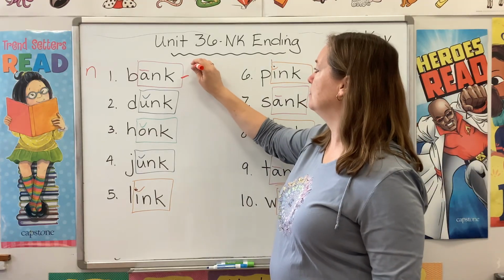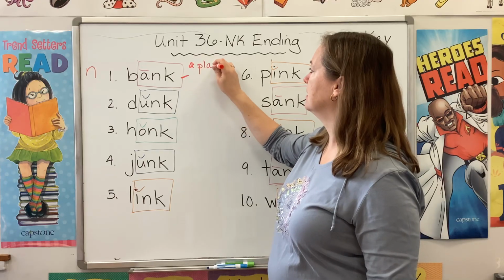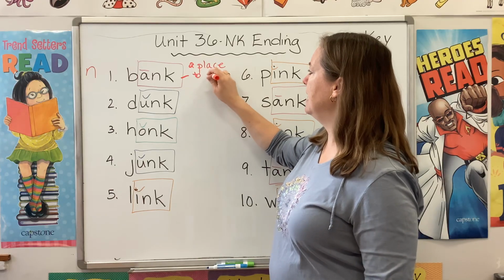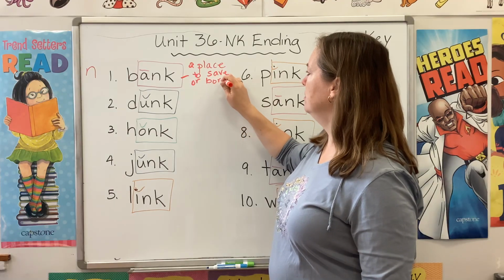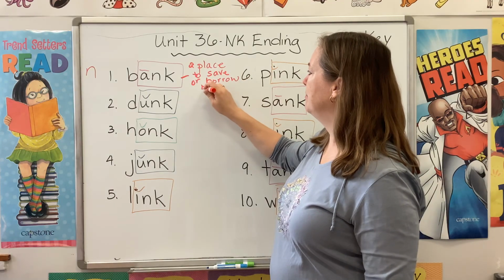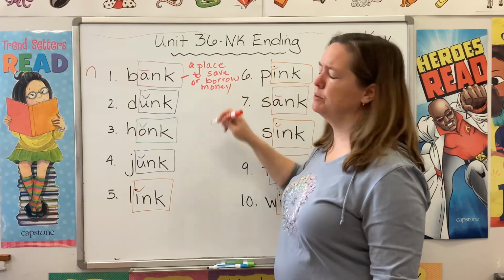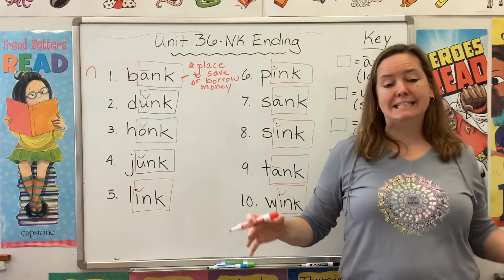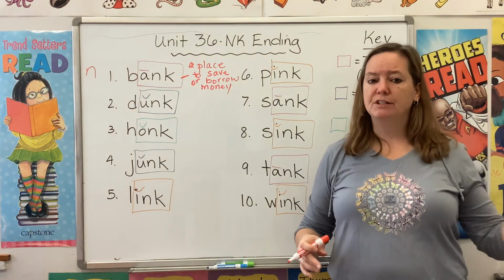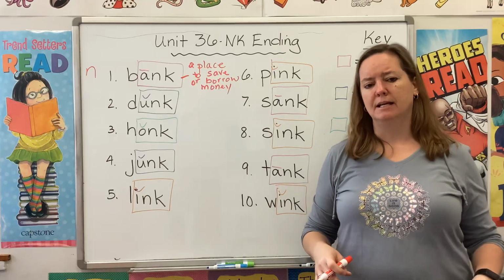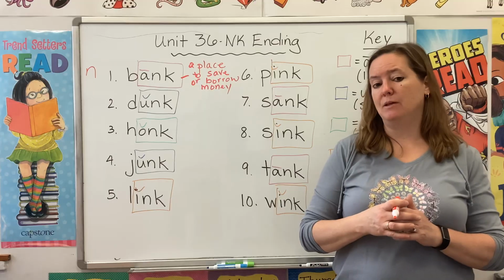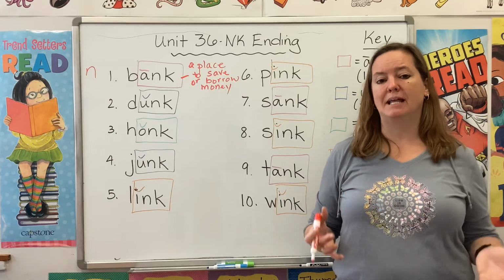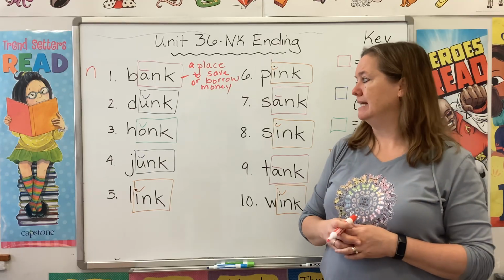So bank equals a place to save or borrow money. We could be talking about a big brick building in your town where your parents go to cash their paychecks and take money out, or it could be a tiny little piggy bank that you keep in your house. Either way, it's a place where we save money.